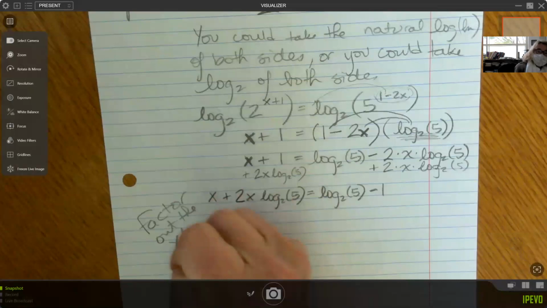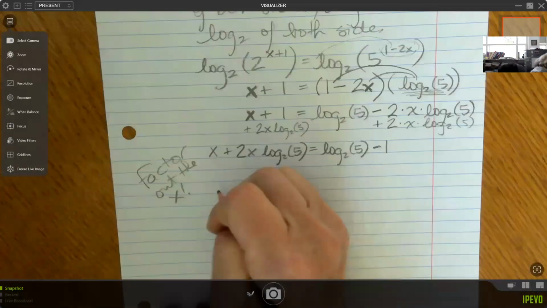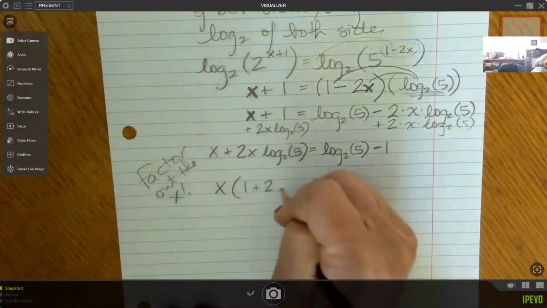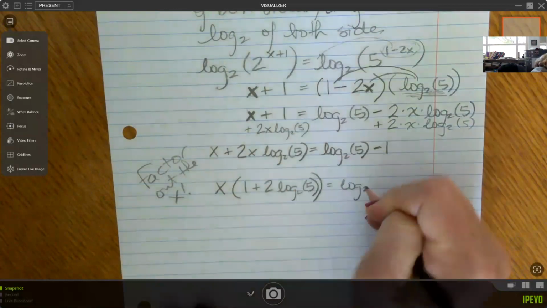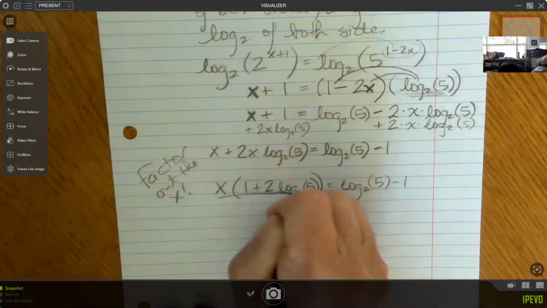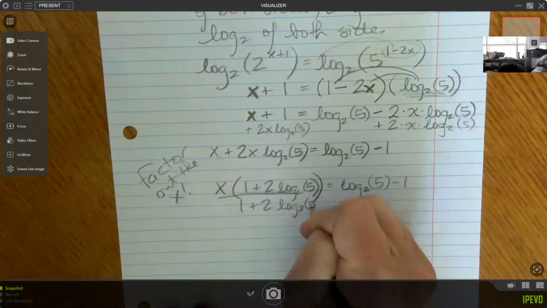I finally will have the x by itself. So now x is all by itself, and all I have to do is divide both sides by 1 plus 2 log base 2 of 5.